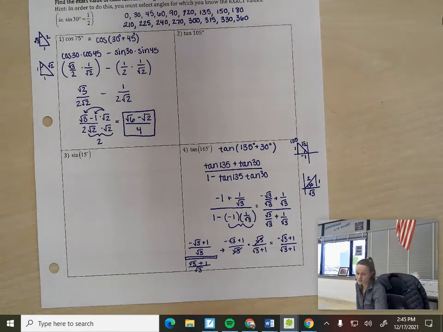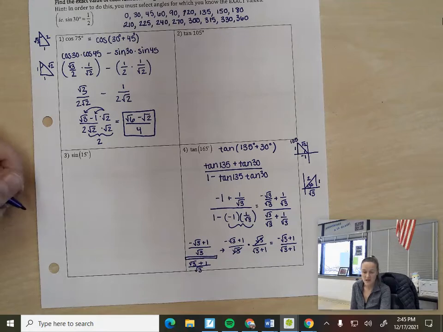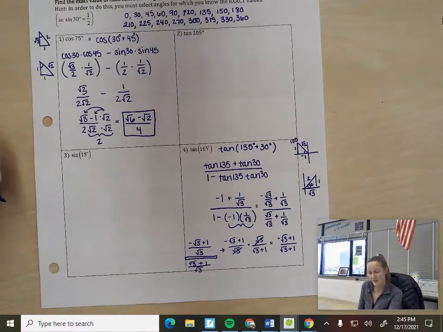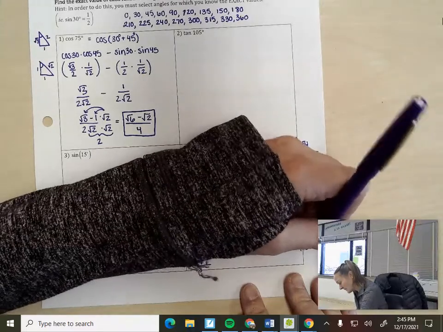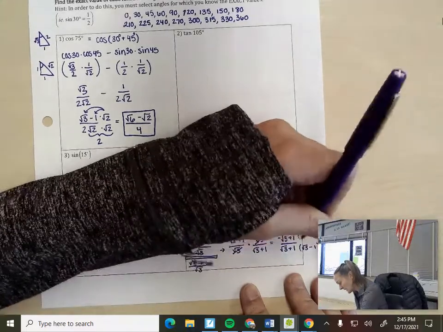That is not simplified though, because I can't have a radical on the bottom. In order to get a radical out of the bottom, when you have a binomial like this with a plus or minus, you have to multiply by the conjugate. So I need to multiply by root 3 minus 1 on the top and the bottom.